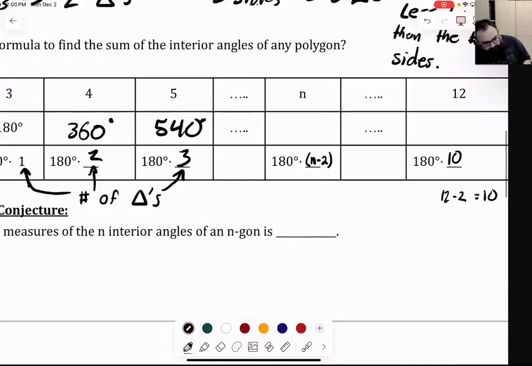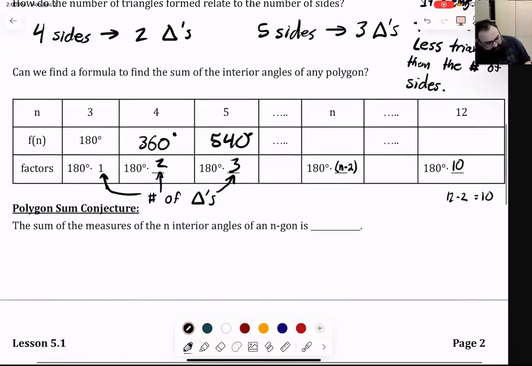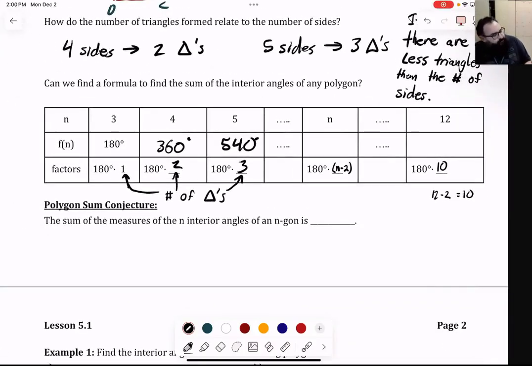So that leads us to say that the sum of the measures of the interior angles of an n-gon is 180 times n minus 2. That's the formula. We just do 180 times n minus 2. Where n is the number of sides.